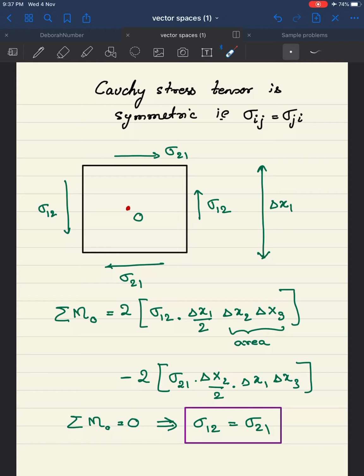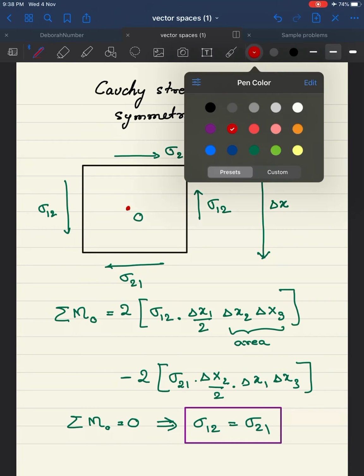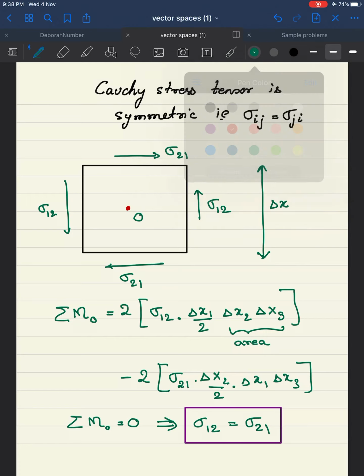So what I've done here is I've drawn a two-dimensional case, and this is my two-dimensional infinitesimal control volume. So this is the size. Okay, I've labeled this wrong. Sorry. This is going to be delta x2, and this is delta x2.